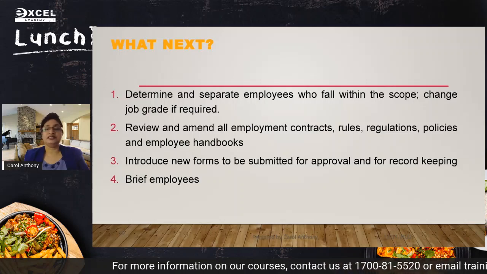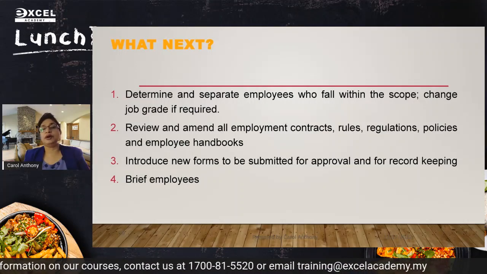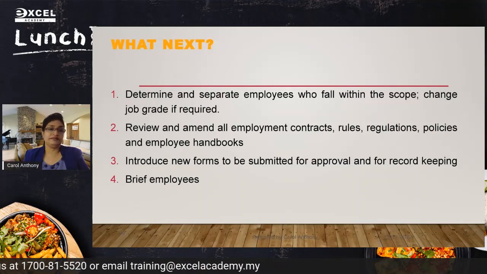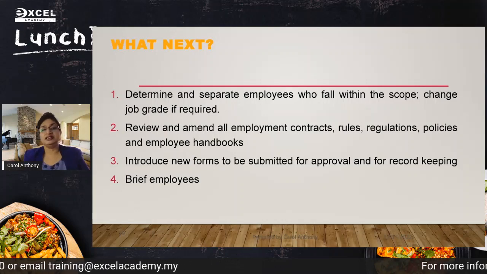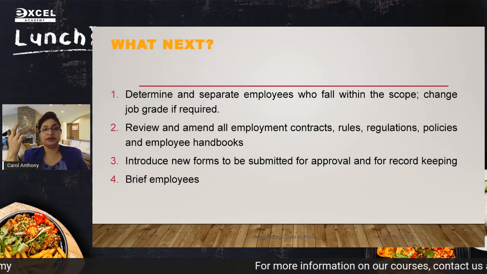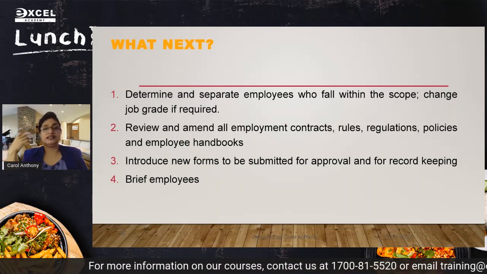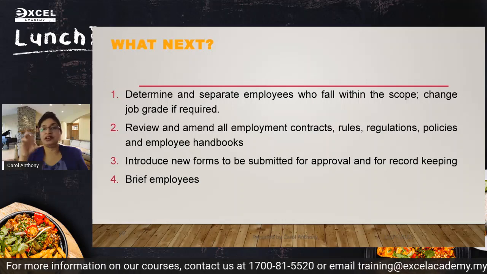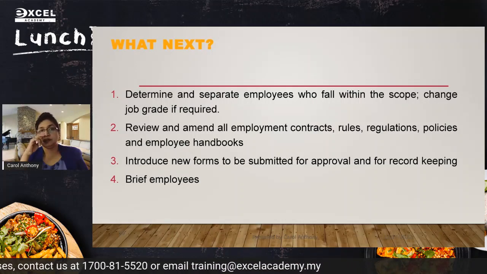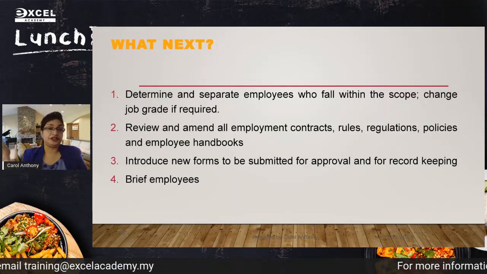Knowing that all these changes are coming into force, first, determine and separate employees who fall within the scope, change job grade if required. Remember the overtime I mentioned, those who are 4,000 and below now can claim overtime. So how are you going to identify them? For ease of calculation or in the software, you need to identify these are the persons who can claim. So you can separate them, maybe change job grade.